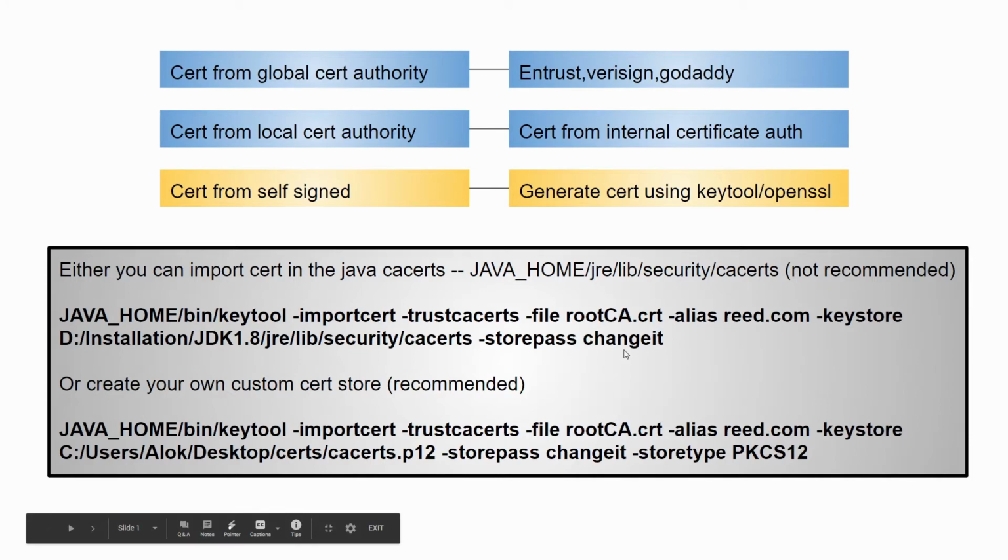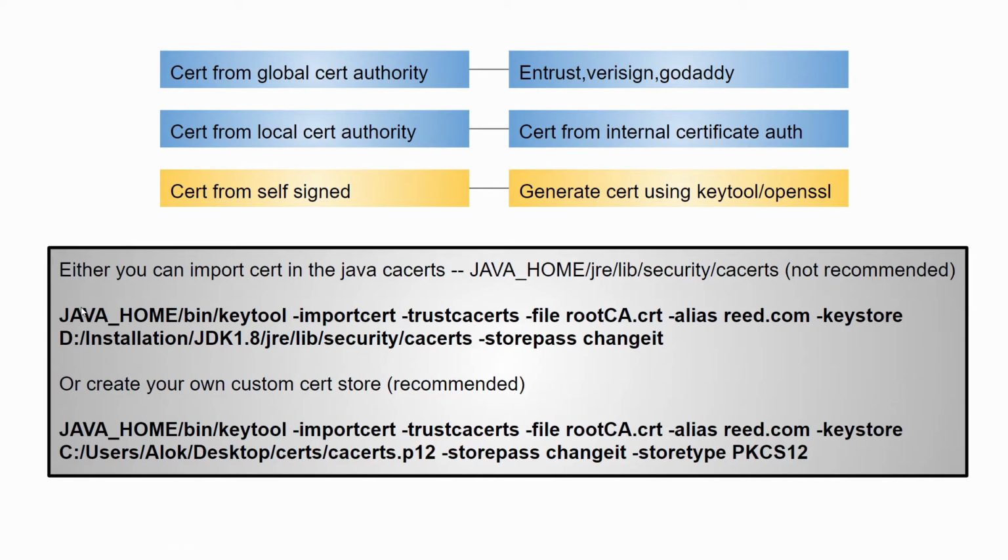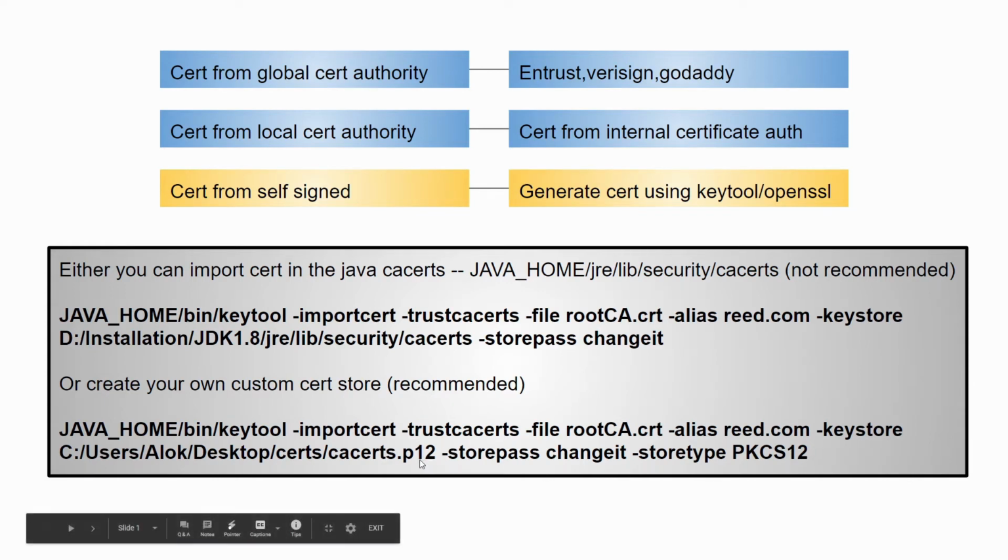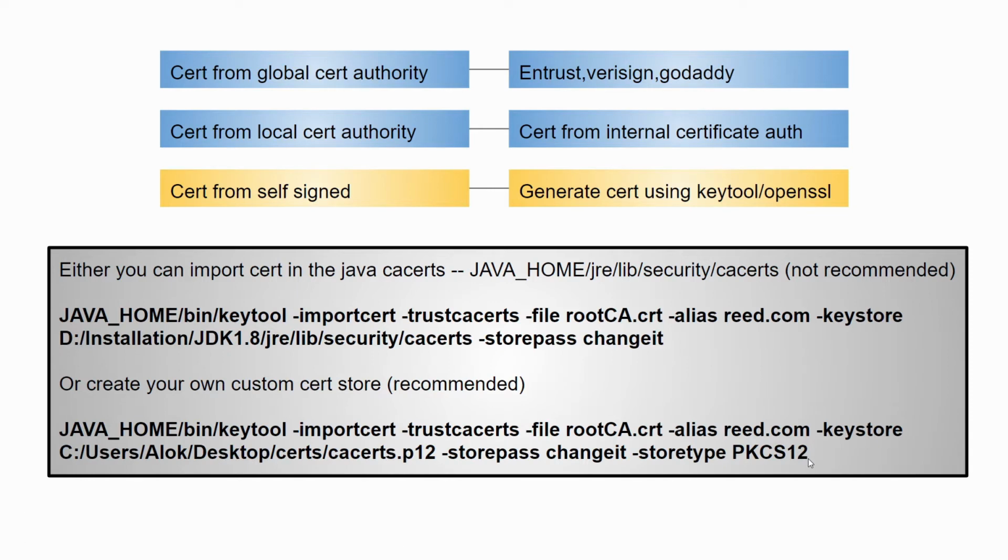So this command will import the certificate root ca.cert into your CA certs of Java. CA certs already exist, it will not create any new one. However, this command is going to create a new certificate store, that is cacerts.p12, onto this location, and the store type will be PKCS12.